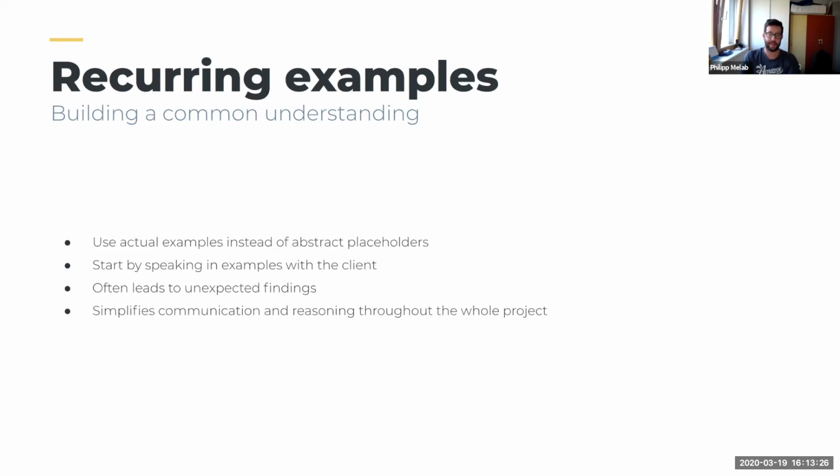And in the best case, you can keep and evolve these examples throughout the whole project. So there will be a user with a specific name and specific attributes that will reoccur all the time.